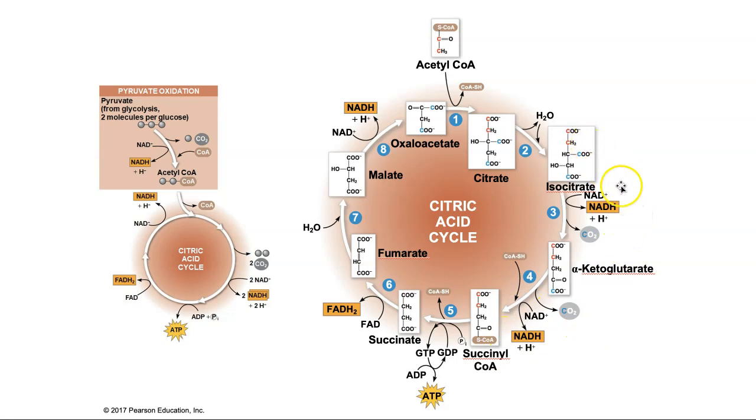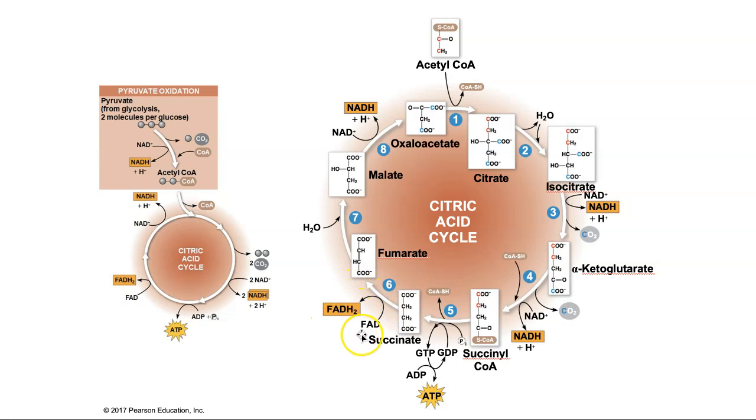So how many NADHs are made in the citric acid cycle with 1 turn of the citric acid cycle? We make 1, 2, 3 NADHs. And you'll see that there's a second type of shuttle here called FADH2. It's the same concept. FAD is the coenzyme, and then it becomes reduced to FADH2.